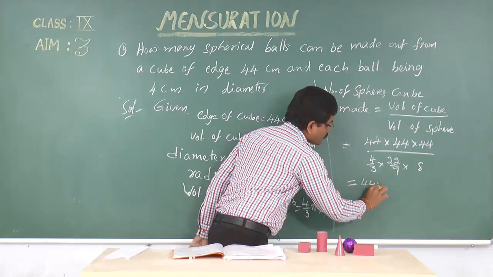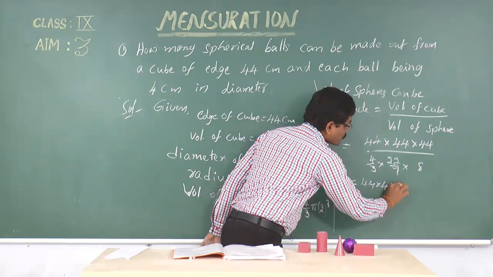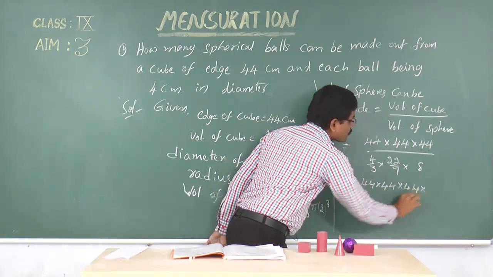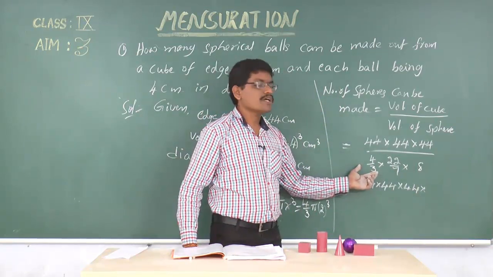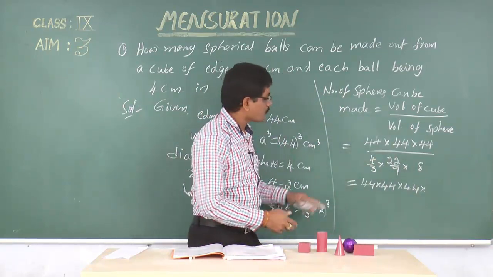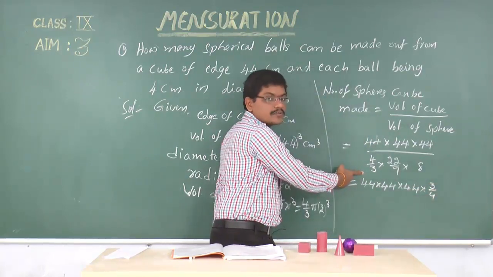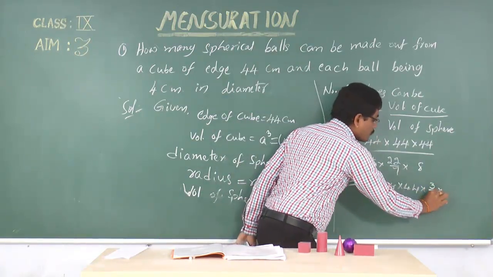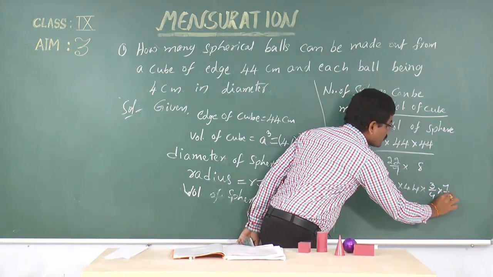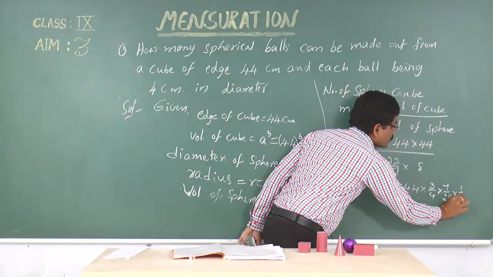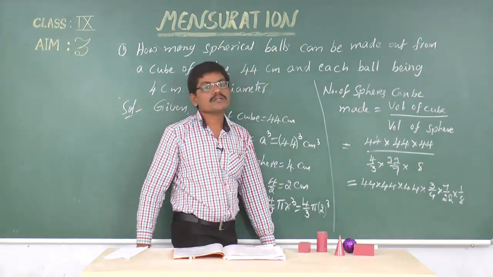44 into 44 into 44 into, taking these values also to the numerator, 4/3 becomes 3/4, into 7/22, and 8 becomes 1/8.